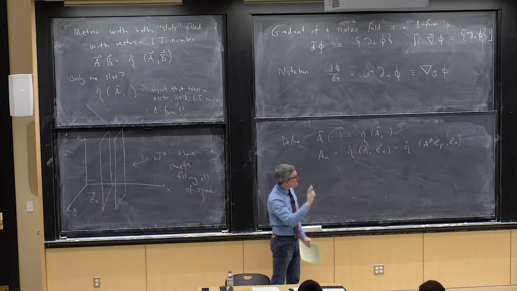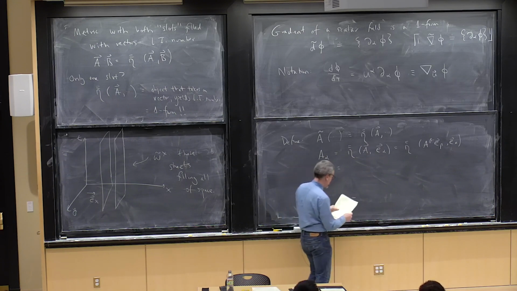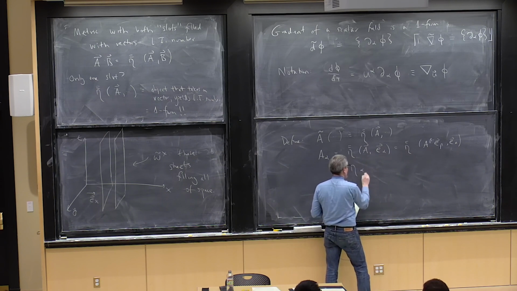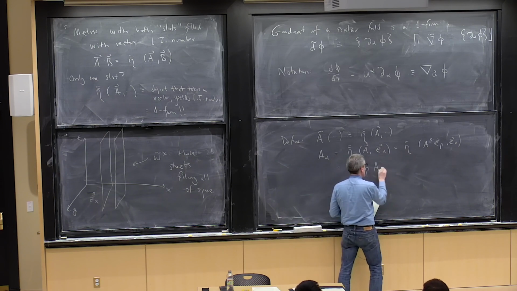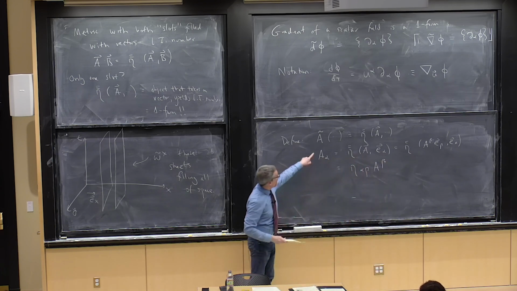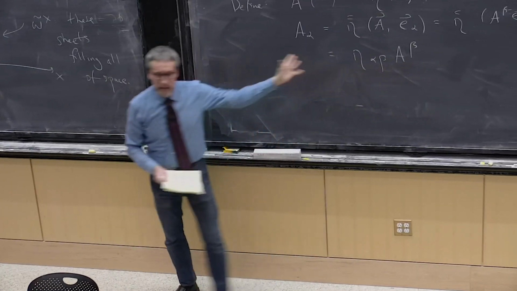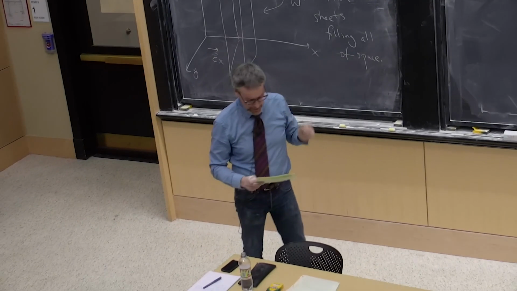The metric is symmetric, so I can flip the order of these guys. And what this tells me is that my one-form component of A is just the vector component of A hit by the components of the metric.